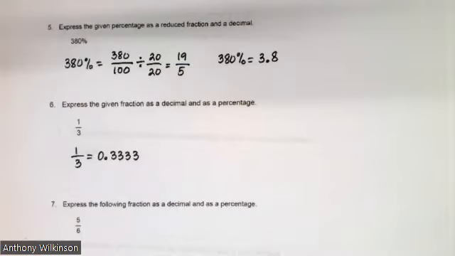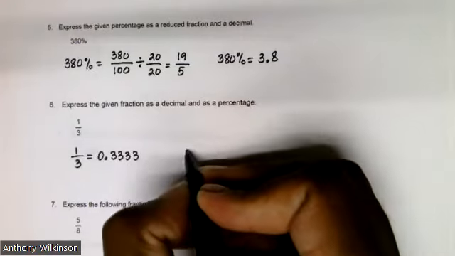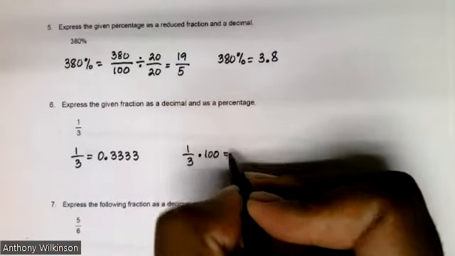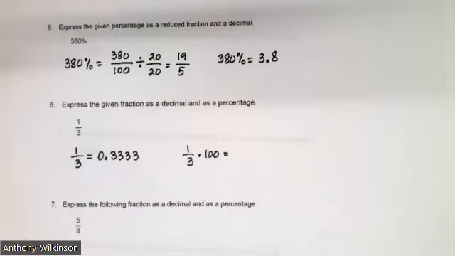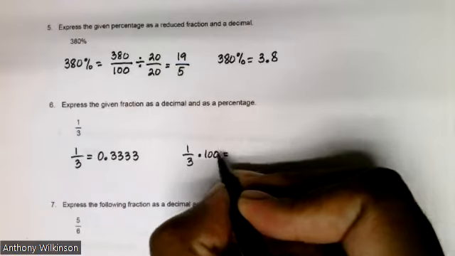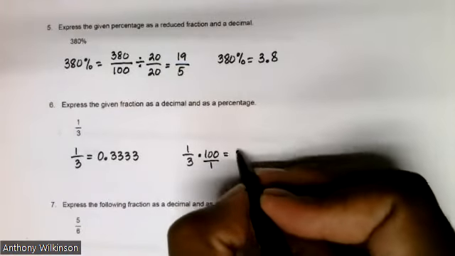All right, now as a percent, in this case, they're going to ask for, I'm not sure how many decimal places they want. They want you to round to 2 decimal places in this case for the final answer. Let's see, 1/3 as a percent. We know we got to multiply by 100. So this is 100 over 1 times 1/3.